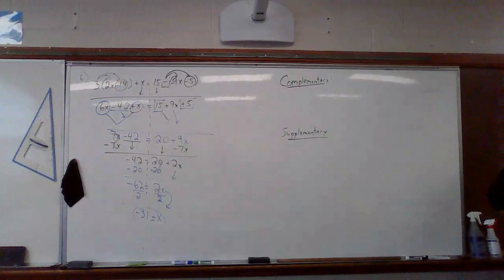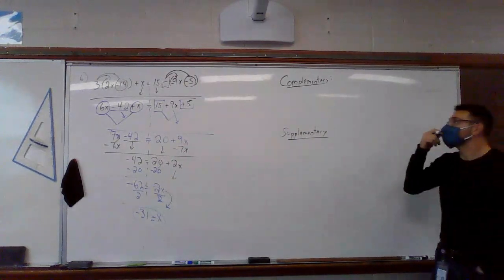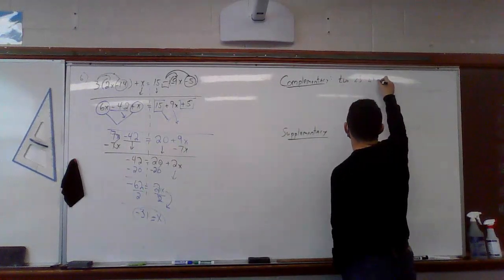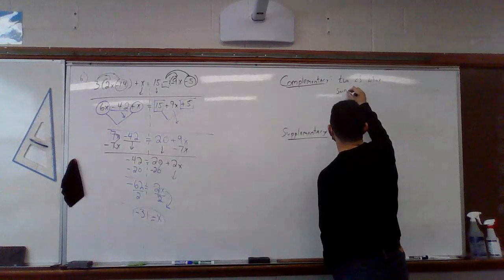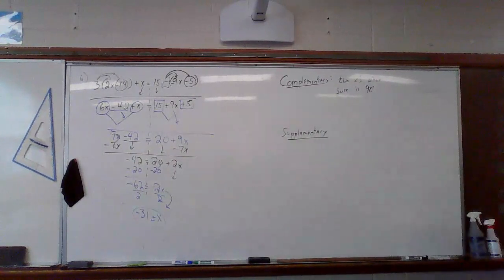Complementary angles are 2 angles that add up to what measure? Good guess, 180. Hold that. Allison. It's not 180. Might be less than that. 90. So complementary: 2 angles whose sum is 90 degrees. So complementary are 2 angles that, when added together, equal 90 degrees.